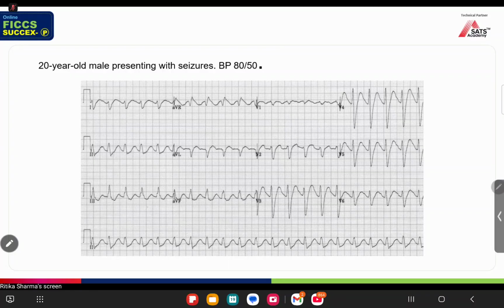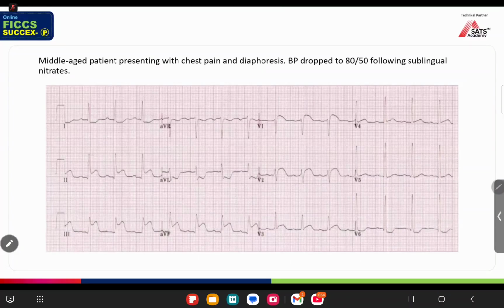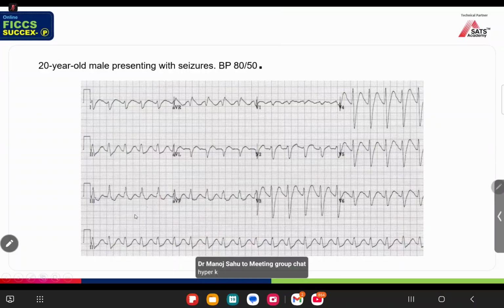What all findings you are able to see? How about the rate? How about the QRS? Any specific comment about the AVR? There is a sinus tachycardia.